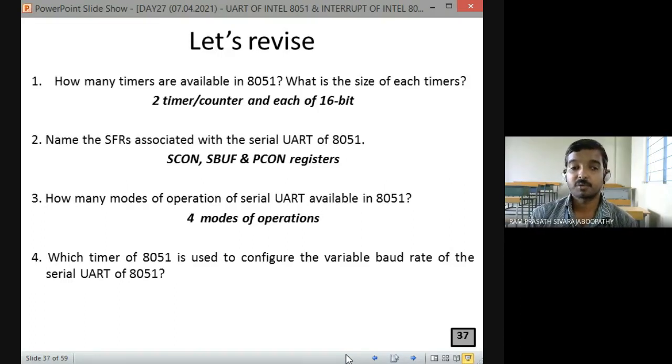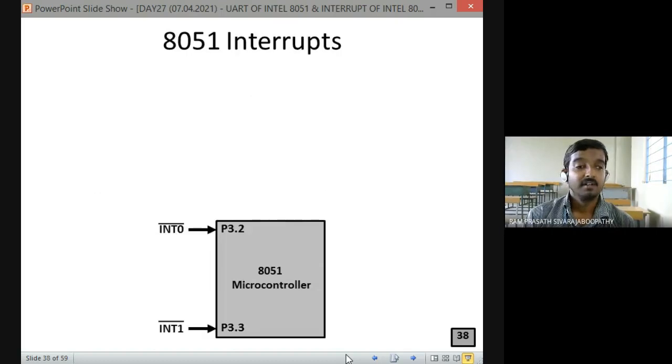Which timer do we have to configure to generate the baud rate for serial UART, timer 0 or timer 1? That is the question. Yes, timer 1. Okay.